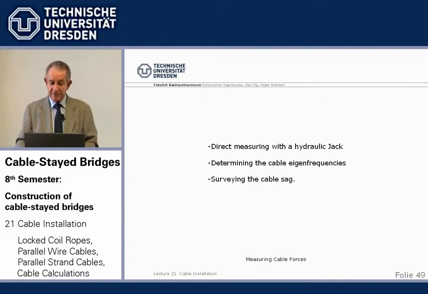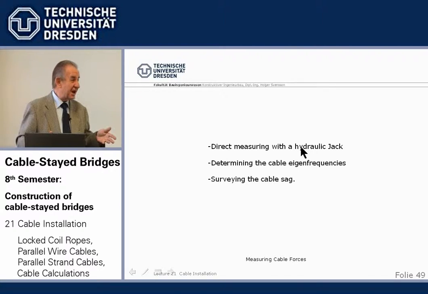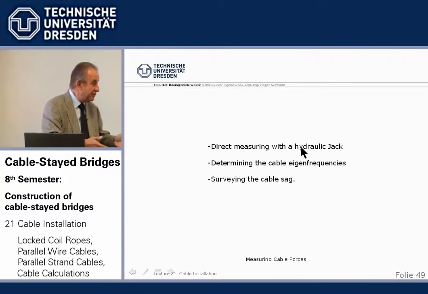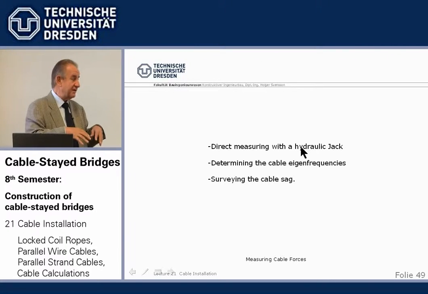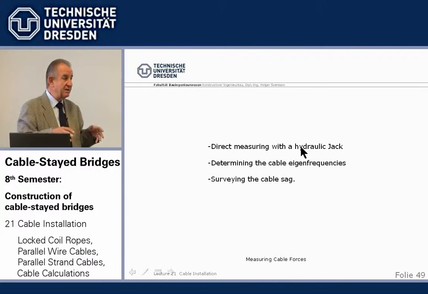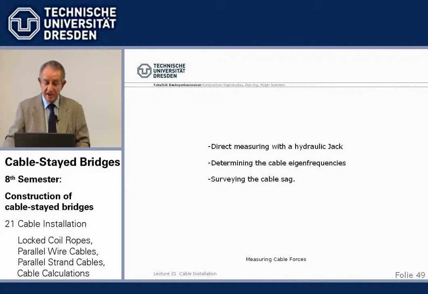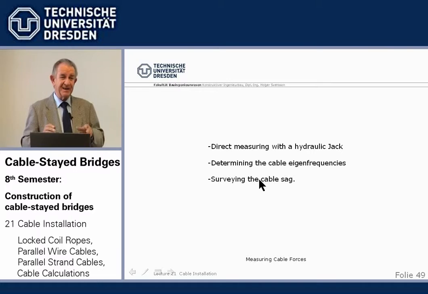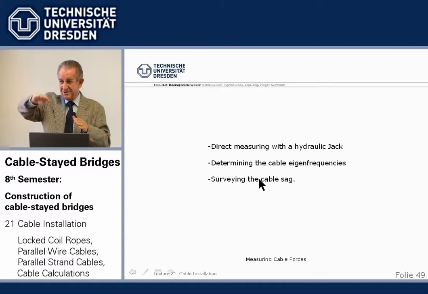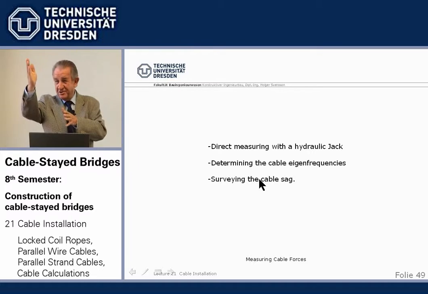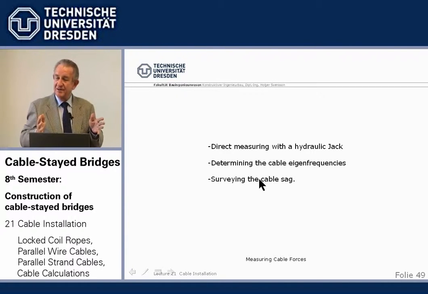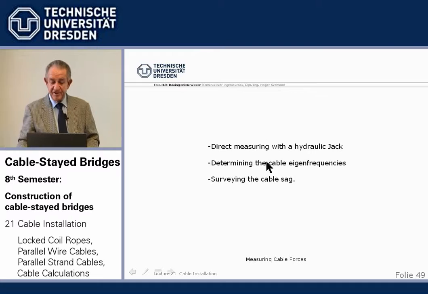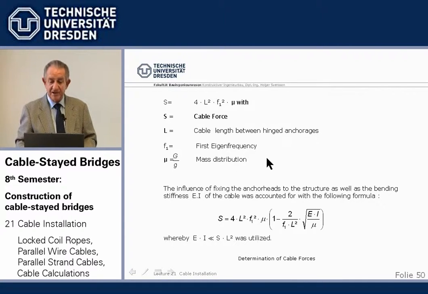Direct measuring with a hydraulic jack can well be done at the end of construction, when there still is a hydraulic jack and a carriage to move it. Once that's out and construction is complete, it's very expensive to get a jack in there, so not good for the final way. Surveying the cable sag is a little tricky because you have this skew line up there. It can be done, but the easiest method is determining the cable eigenfrequencies.